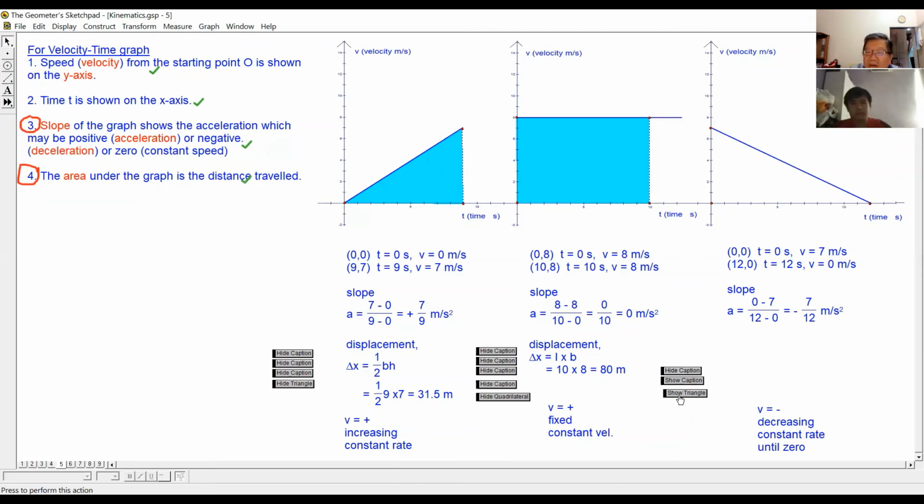Now, although the velocity is decreasing, there is still distance covered. You see, it's still moving, so there will still be distance covered. Can you tell me how much is the distance covered during this deceleration period?